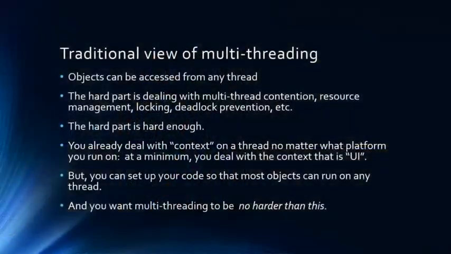Why is that? Well, that's because multi-threading is hard enough without having to worry about another concept that's weird. And that's basically what a COM apartment is: this weird thing that adds on to something that's really hard. Multi-threading is really, really hard already. You have multi-thread resource contention. You spend your entire life carefully designing locks. If you're lucky, you have one lock, and then you don't have to worry about lock ordering.